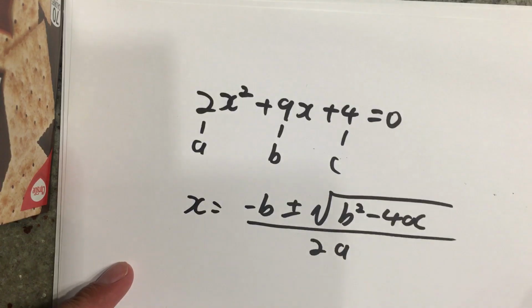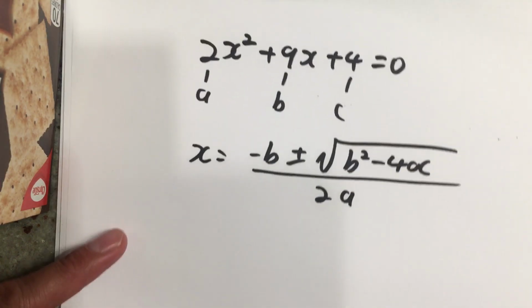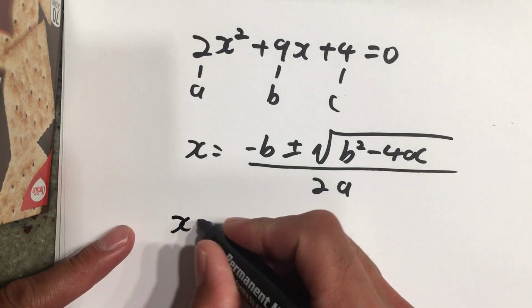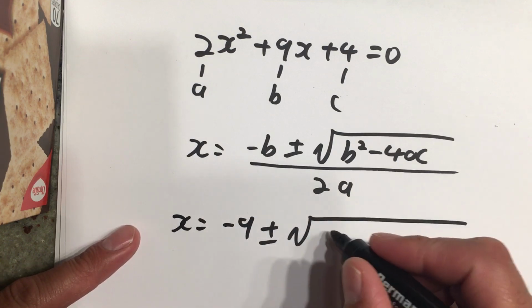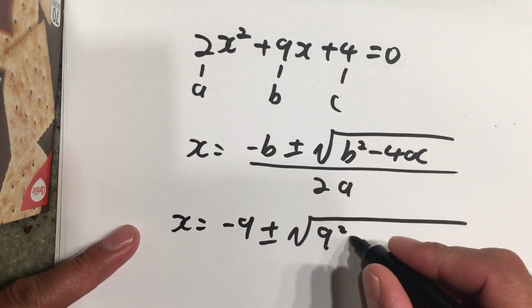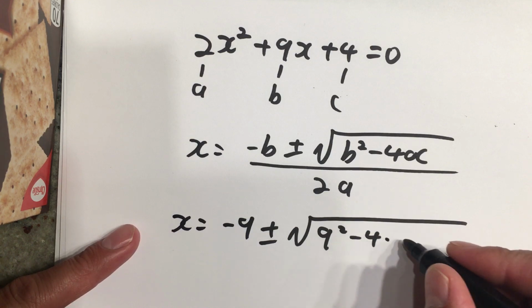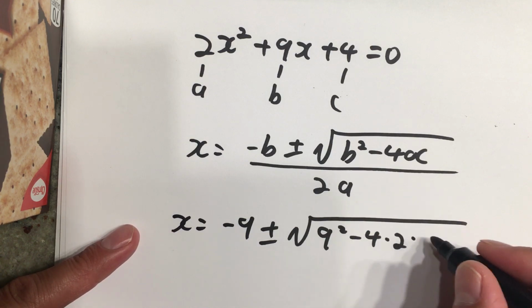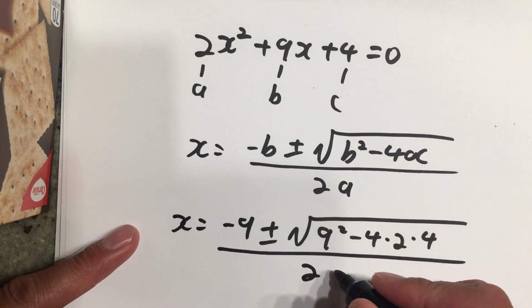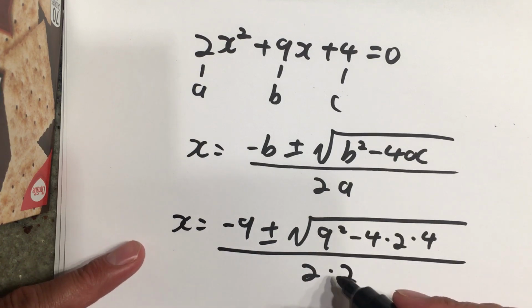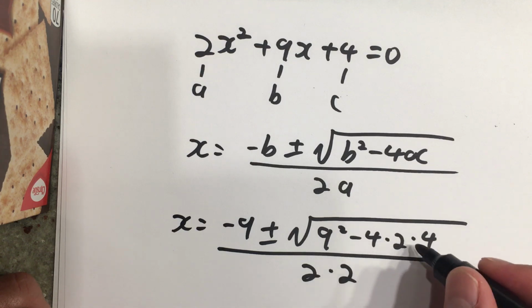So we're going to plug all those numbers in, giving us x is equal to negative 9 plus or minus the square root of 9 squared minus 4 times 2 times 4, all over 2 times 2. Now notice I'm using a dot for multiply instead of an x.